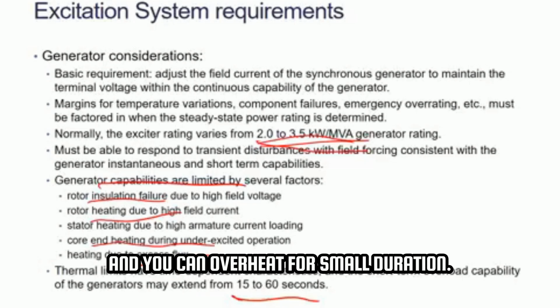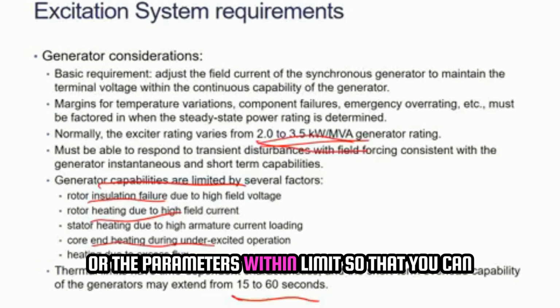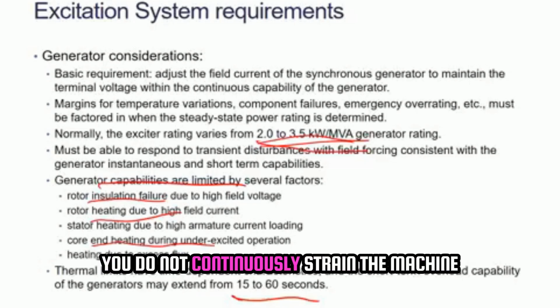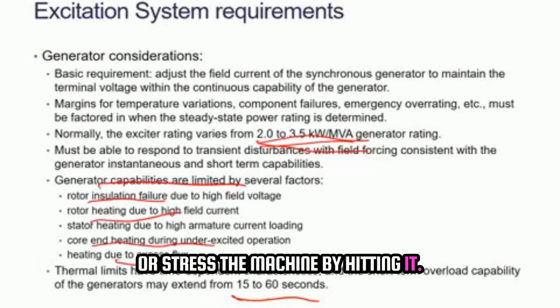You can overheat for a small duration, and then bring the parameters back within limits, so that you do not continuously stress the machine by heating it, and you can save the machine from any failure.